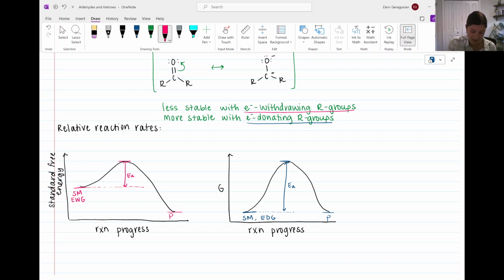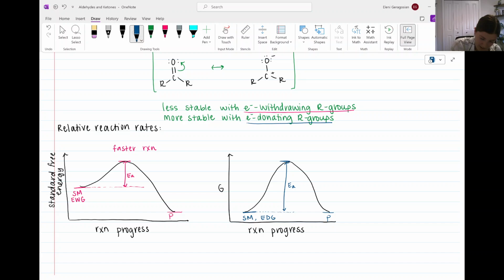So having a lower activation energy results in a faster reaction. We have a more reactive starting material, and that's why the KEQ for these reactions is higher if we have an electron withdrawing group. The reaction will happen quicker.